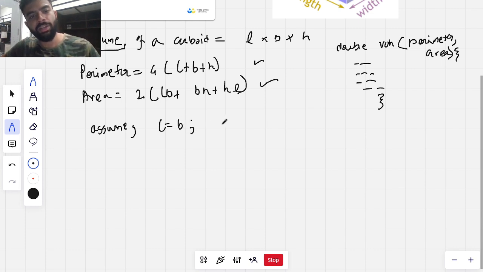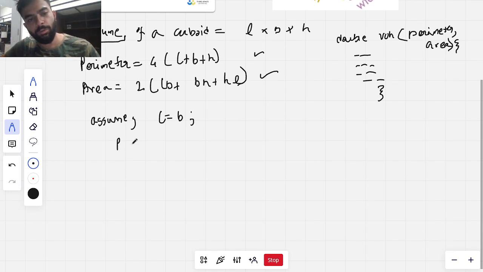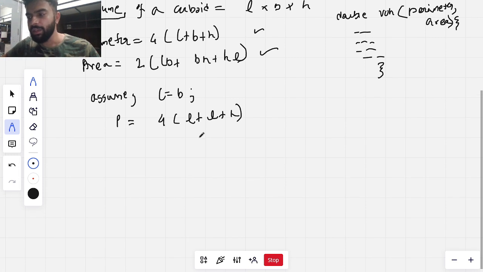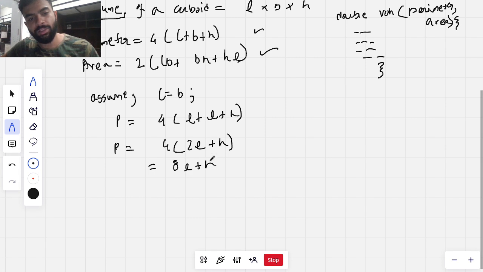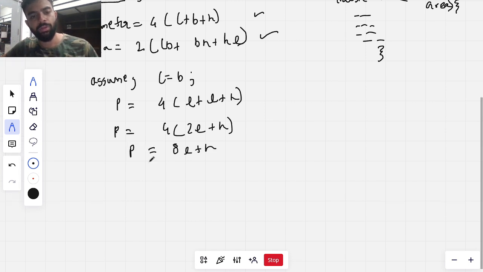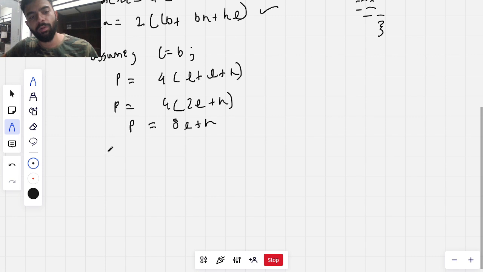When I assume this, I can write P equals 4 into (L plus L plus H). So 4 into (2L plus H), which is 8L plus 4H, equals P. From here I'm going to find the value of H.